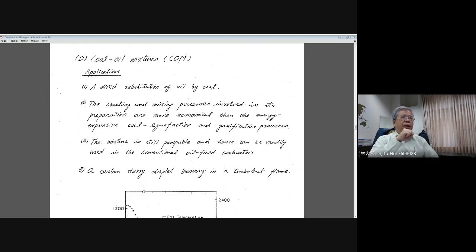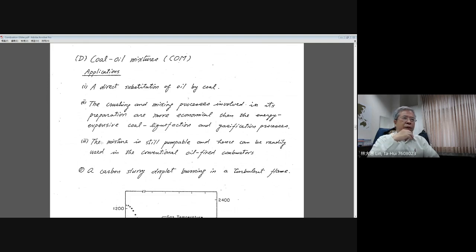The normal one is that we grind the coal as pulverized coal. Since you have so many tiny coal particles, they use air to blow them in, and they can burn the individual coal particles. And this is a normal application for industry furnaces.